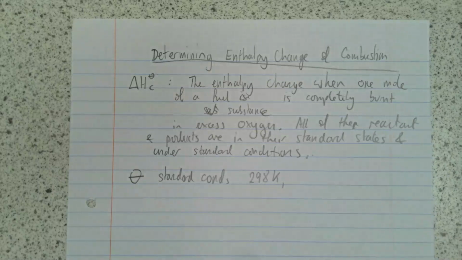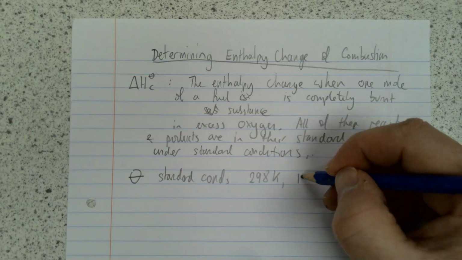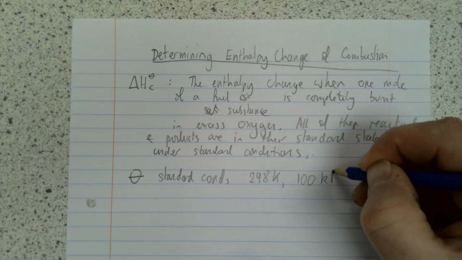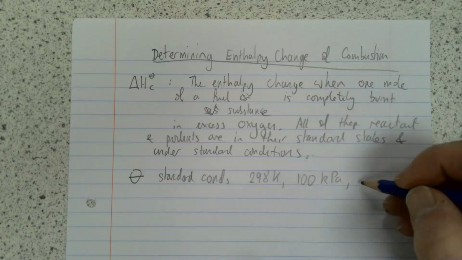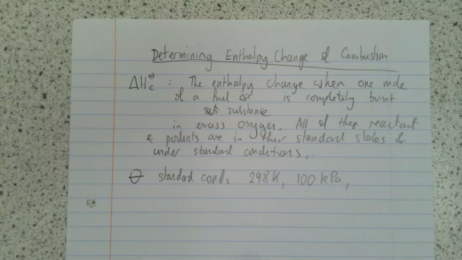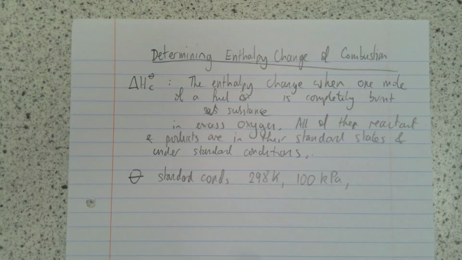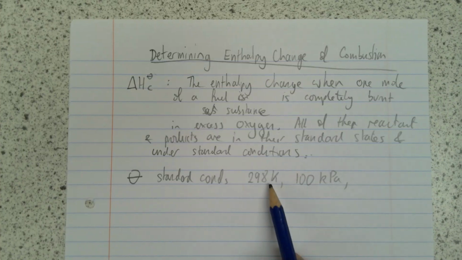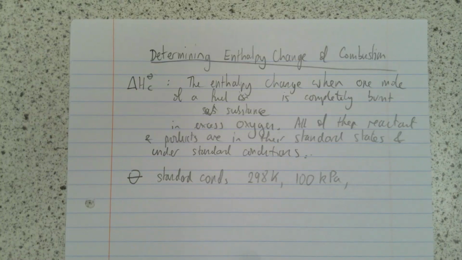In fact, in your data book, I think it says 298.15 Kelvin, 100 kilopascals, if there's a gas present. It's not relevant to this one, but standard conditions will have concentrations at 1 mole per litre. But here we need to worry about the temperature and the pressure of everything.